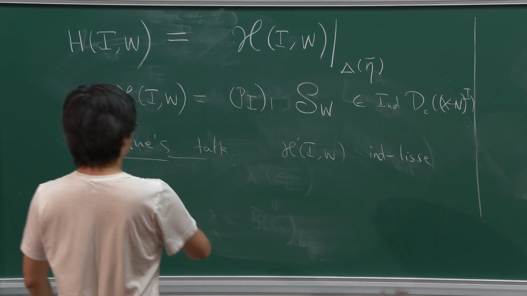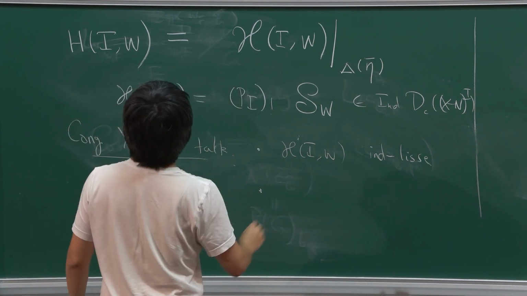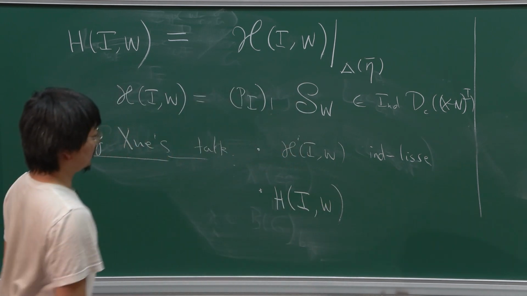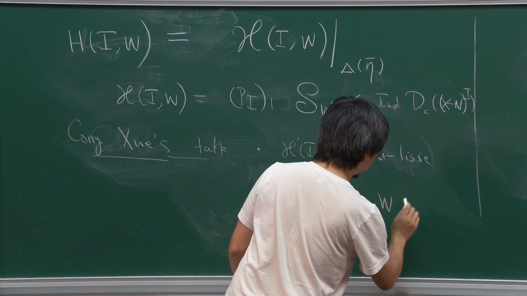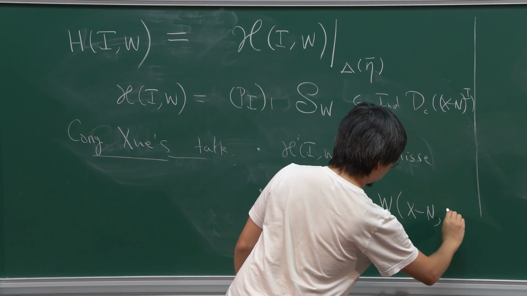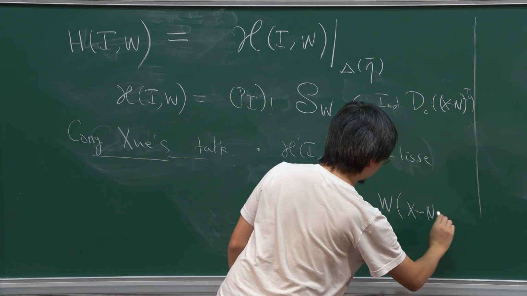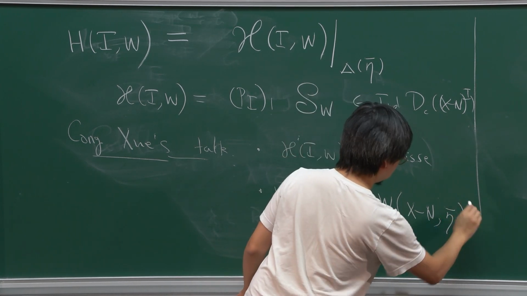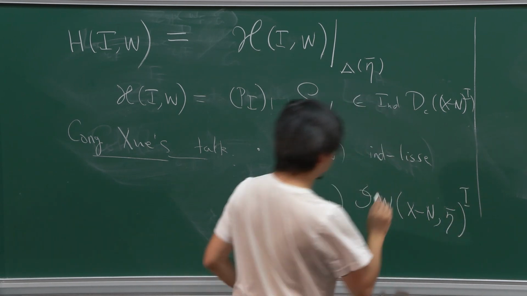And also, another important thing I want to mention is this guy admits a representation of the Weil group. Actually, the Weil form of the Galois group acts on here.